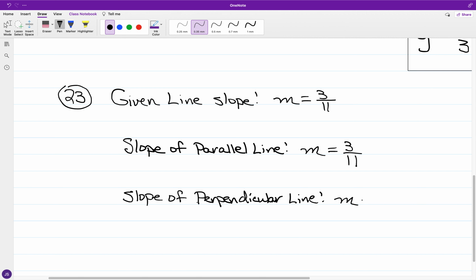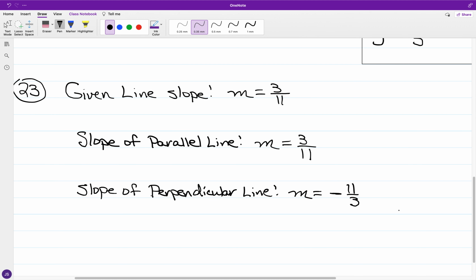And so for the perpendicular, compared with 3/11, you're going from a positive for the given to a negative for the perpendicular. Furthermore, we're taking the reciprocal of 3/11, which in this case is going to be 11/3. So the slope of the perpendicular line comes out to negative 11/3.